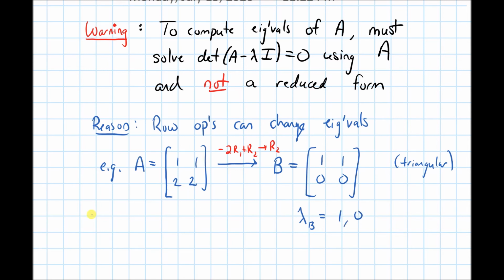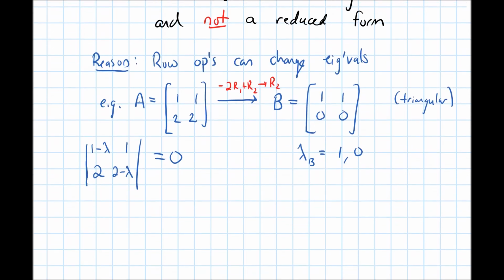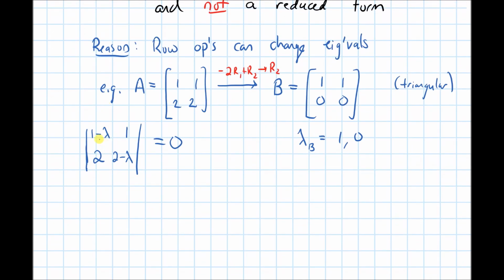For A, it's not triangular, so I use my characteristic equation. I take the determinant of A minus lambda I, using vertical lines to indicate the determinant. A minus lambda I would have 1 minus lambda here and 2 minus lambda here. I subtract lambda from the diagonal entries, and the other entries, the 1 and the 2, stay the same. I set this equal to 0. Computing the determinant, first I multiply 1 minus lambda times 2 minus lambda, which gives lambda squared minus 3 lambda plus 2.